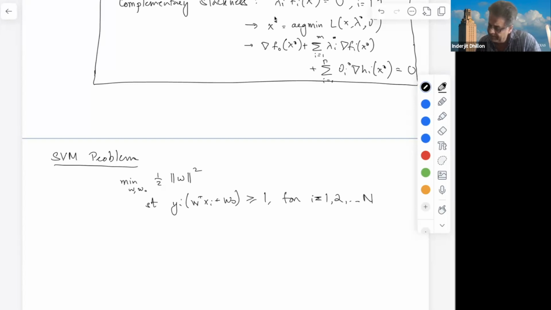Okay, so I can take this and write it in the form of f i. I want to put it in standard form, and the standard form was f i of w less than or equal to 0. So I'm going to write it as 1 minus y i times (w transpose x i plus w naught) is less than or equal to 0.